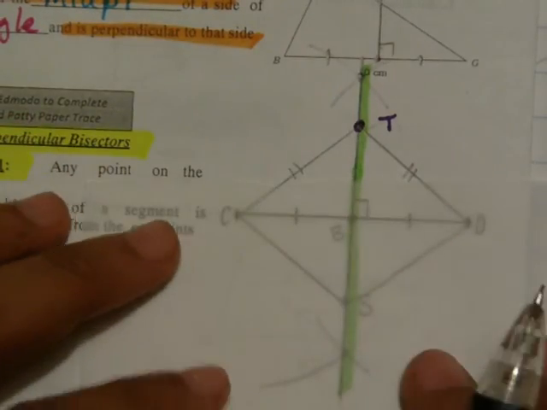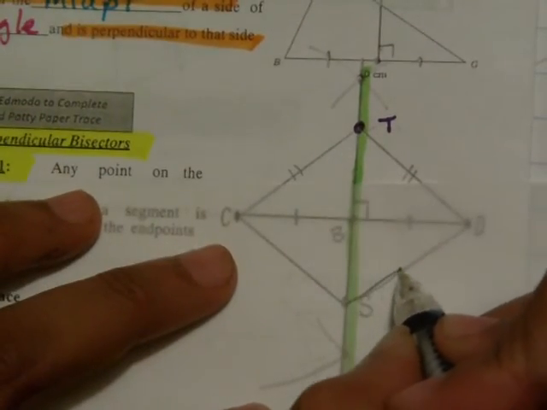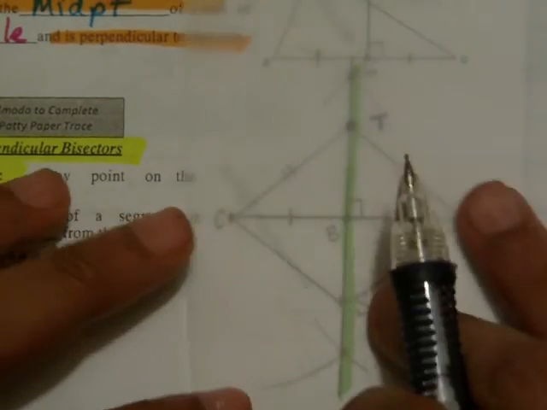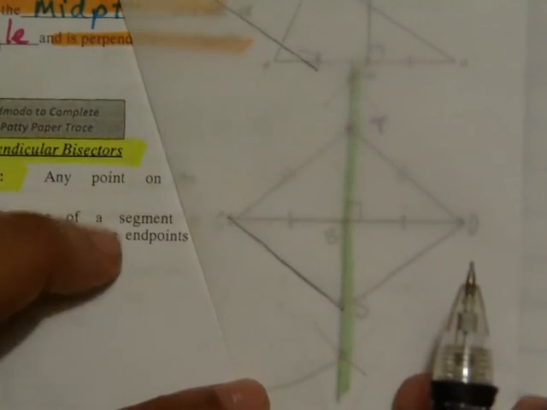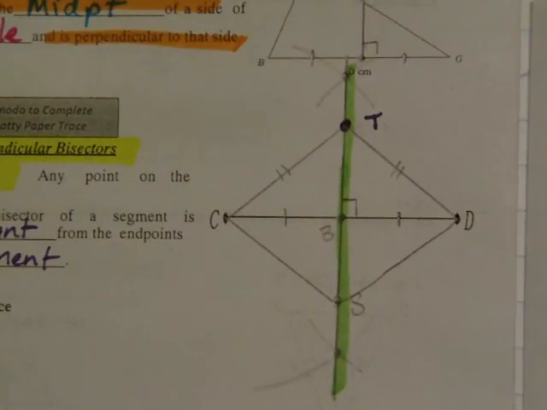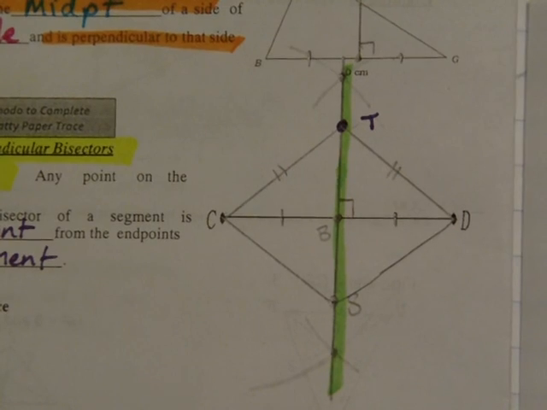I'm going to find another spot on my patty paper, trace my segment, line it up over here, and it fits perfectly. So that's showing the patty paper relationship. Now we're going to actually do a patty paper perpendicular bisector. So hit the fast forward button so we can construct that together.